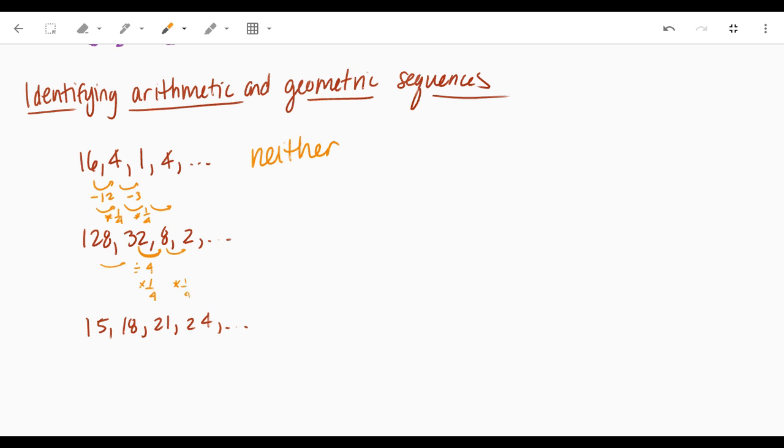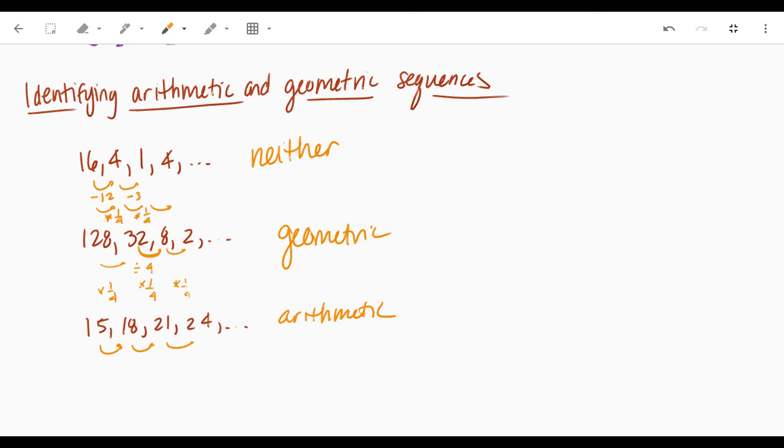And then 128 to 32, that's also multiplying by 1/4. So I can figure out that it is geometric. And then the last one, add 3, add 3, add 3, that's arithmetic.